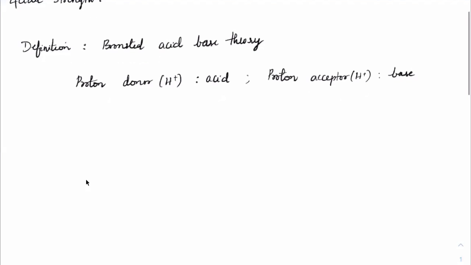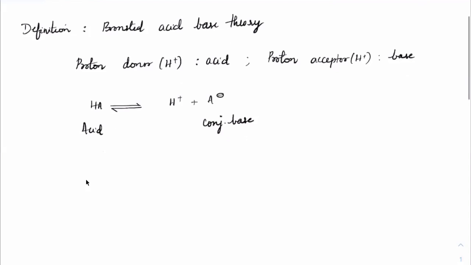And any acid HA, if it releases H plus, the leftover negative part will be the conjugate base, right? So these are a few pointers we must know before we start the comparison of acidities.